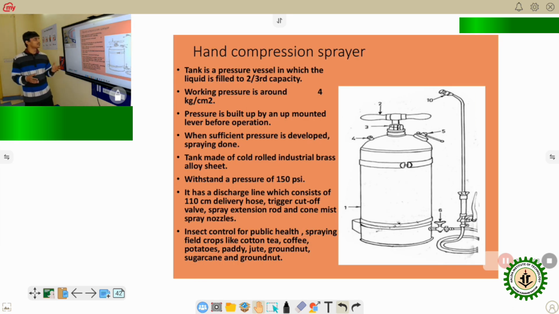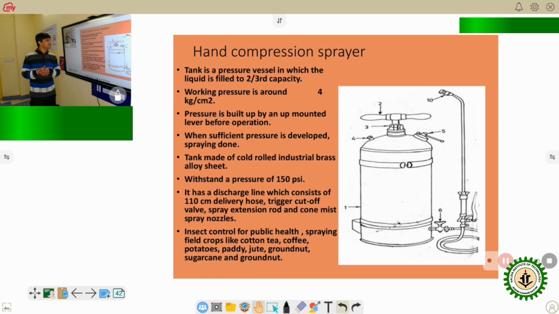Apart from that, there is the hand compression sprayer, which is operated by hand. This sprayer is not fully filled with the fertilizer; around two-thirds of the volume is filled, and the pressure is generally 4 kg per centimeter square.